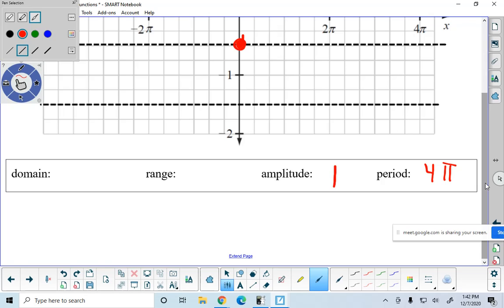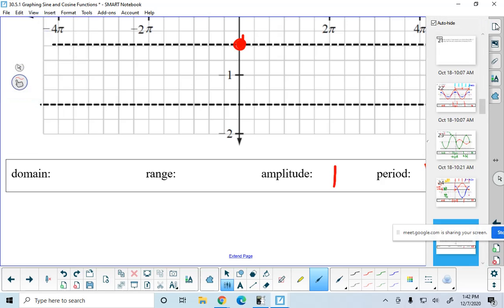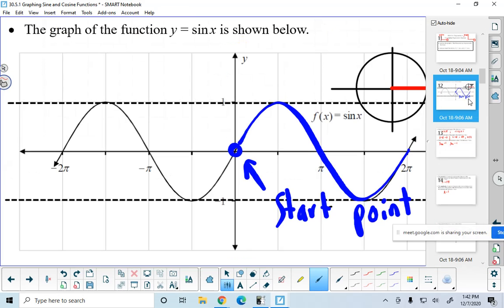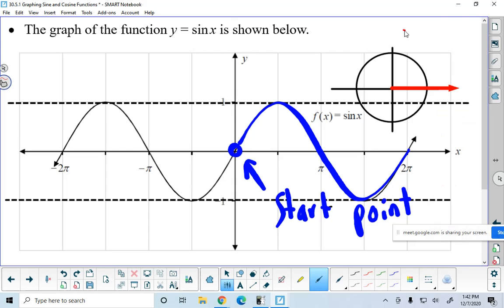If this is y equals sine x, and I stretch it, that means that this point will stay the same, this point will be twice as far away, this point will be twice as far away. It's going to end up looking like this. And then it's going to end up back at the x-axis, stretching horizontally by a factor of 2, at 4 pi.